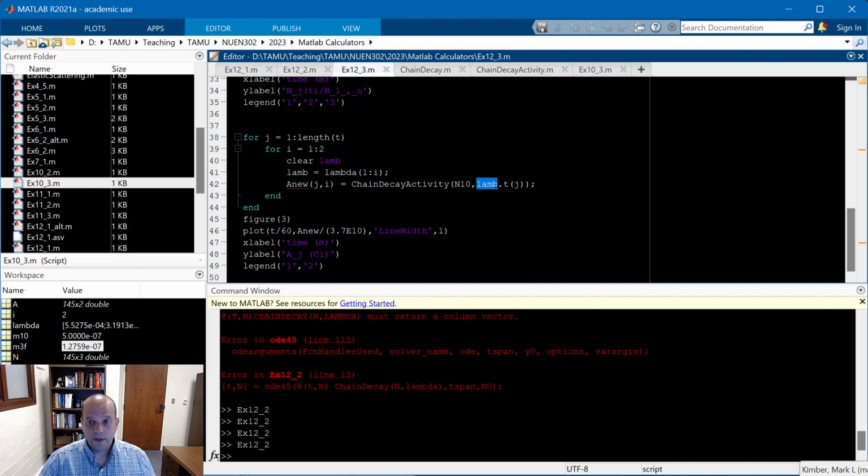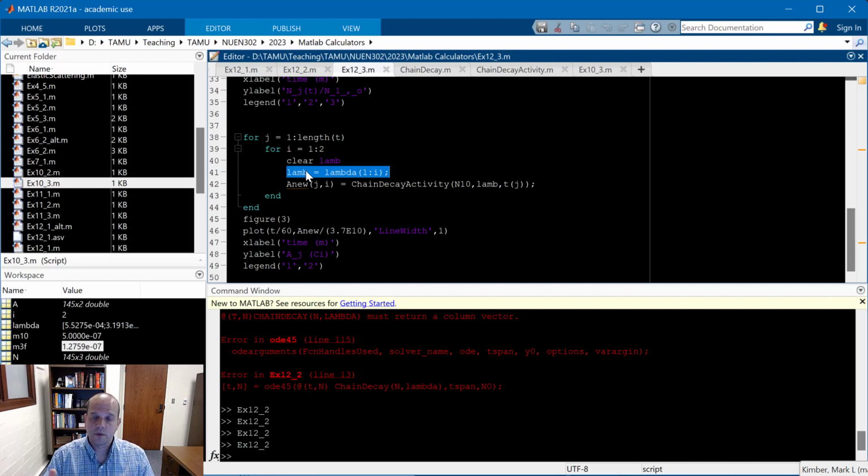Now this lambda, because when I'm stepping through them, I shouldn't evaluate the entire chain of lambda. I need to look at a sub portion of that. And so what this line here is doing, line 41, is saying from the lambda vector, only take the first i number of elements.